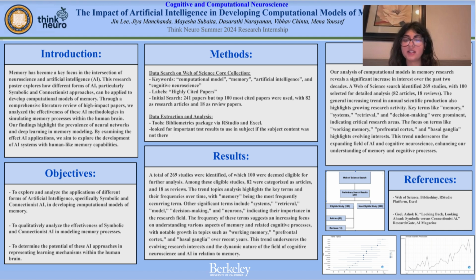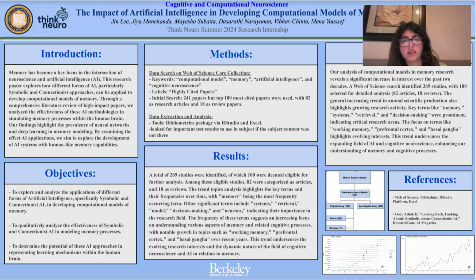And lastly, we wanted to determine the potential of each of these artificial intelligence models in representing a learning mechanism that's similar to us in the human brain. The learning mechanism is important because an artificial intelligence, as it's being developed, can not only store and recall information, but the learning aspect, and how you can learn from the stored memory itself, is what separates a computational model of memory from something that isn't artificial intelligence based.